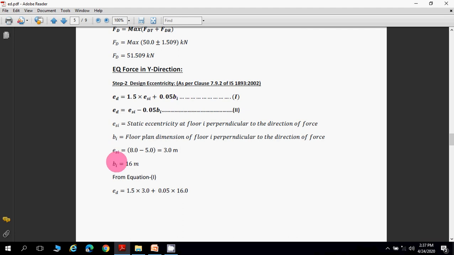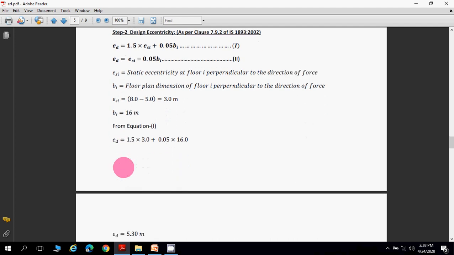So the BI value is 16 meter, because the floor dimension in the x direction is 16 meter, which is perpendicular to the direction of load. And the ESI value is obtained as follows: the center of mass is situated in the x direction at 8.0 meter, and the center of rigidity is situated at 5.0 meter. So the eccentricity will be 3.0 meter.